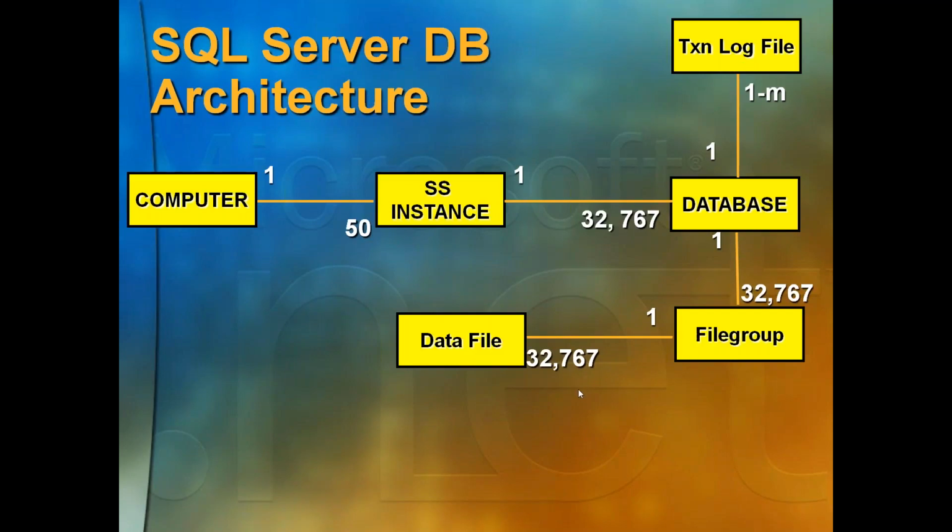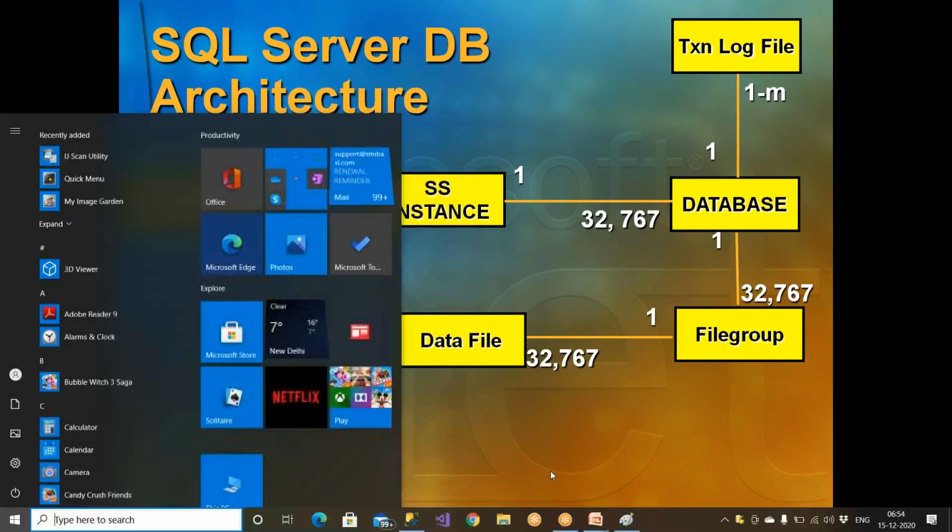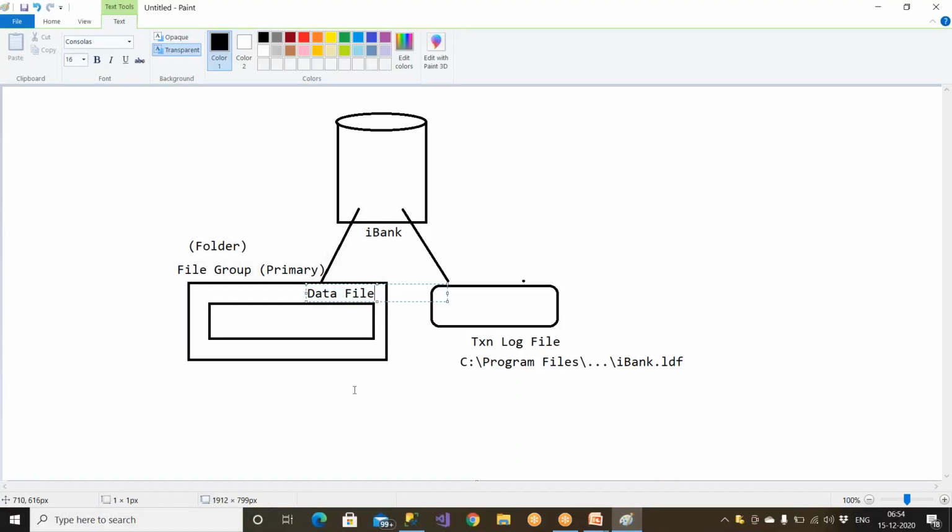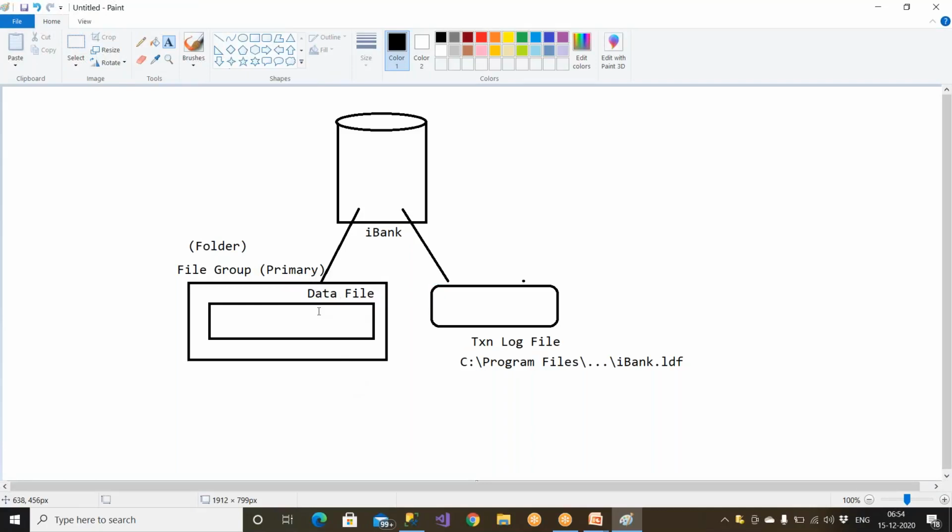Guys, clear? So by default, you will get one data file. Let me show it in Paint. So I'm going to have one data file. A data file is divided into pages. Page number 1, page number 2, page number 3, page number 4.